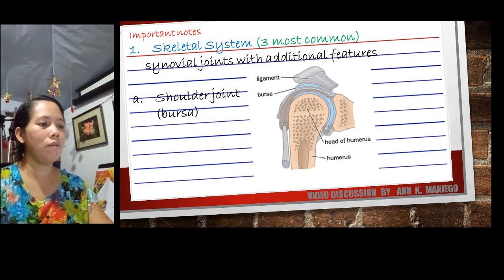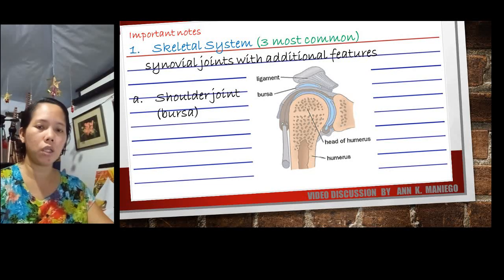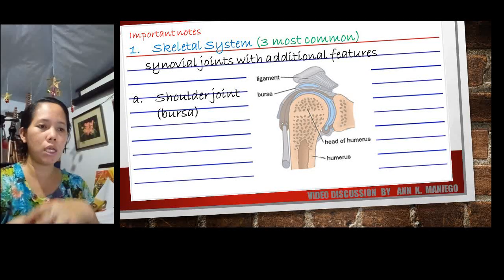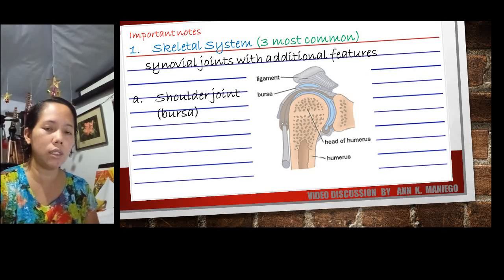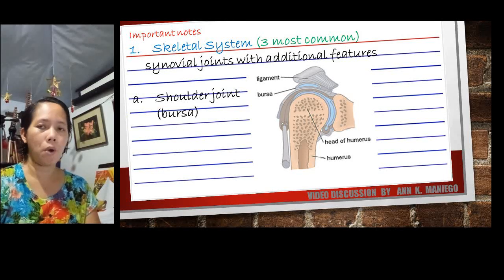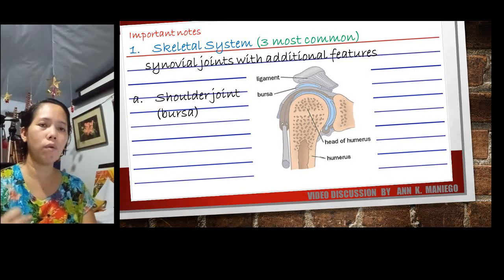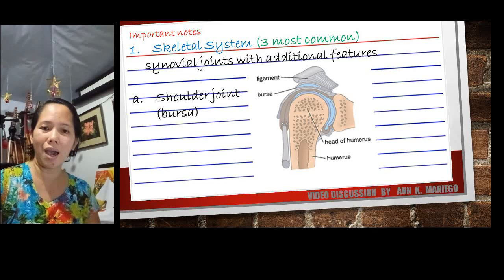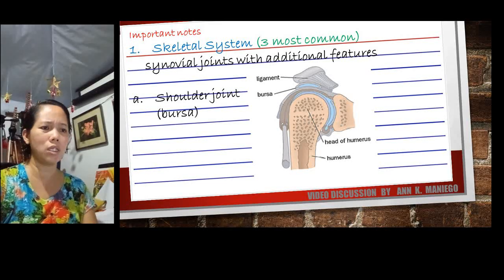No, so aside from katong na-mention natong synovial joints all over the body, no, nga katong shoulder, elbow, wrist, hip, knee, and ankle. So naa ay three parts, no, three synovial joints nga naa pagid siya extra features, additional feature.